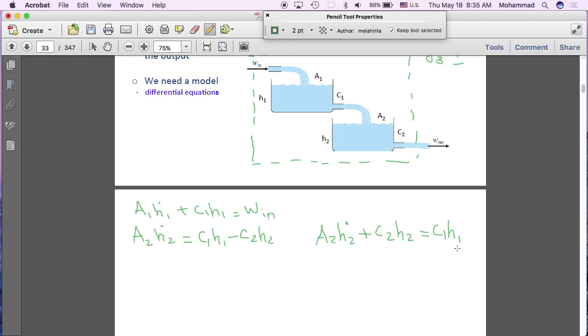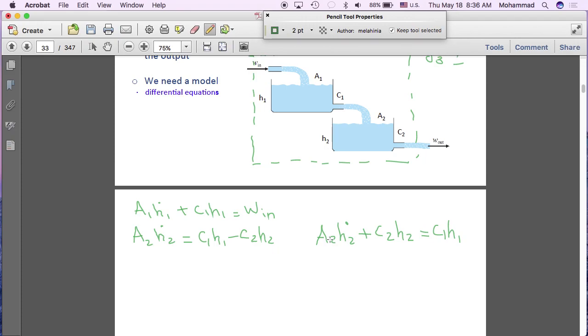One way to see it is we have one first order differential equation that captures the change in the first state variable, h1, and a second first order differential equation that captures the change in the second state variable, h2. By the way, we can analyze many different things with the same equations.